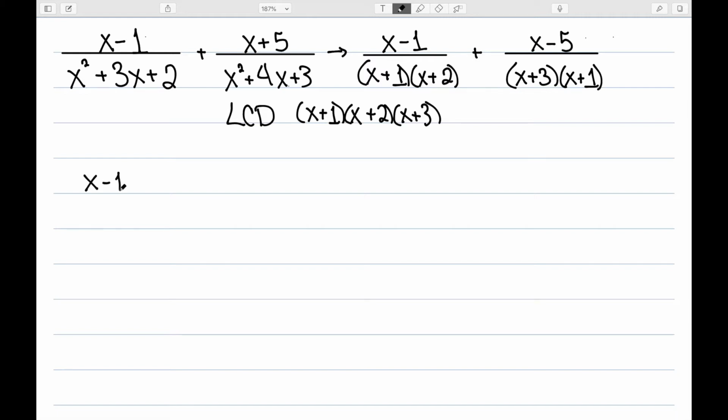My first fraction has 2 of these terms in the denominator. It has an x plus 1 and an x plus 2. And then it is missing something that we need to attach to both the numerator and denominator, which is the x plus 3.